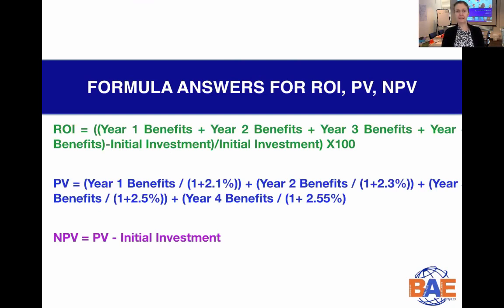The present value, you would have had to take year 1 benefits divided by 1 plus 2.1%, plus year 2 benefits divided by 1 plus 2.3%, plus year 3 benefits divided by 1 plus 2.5%, plus year 4 benefits divided by 1 plus 2.55%.